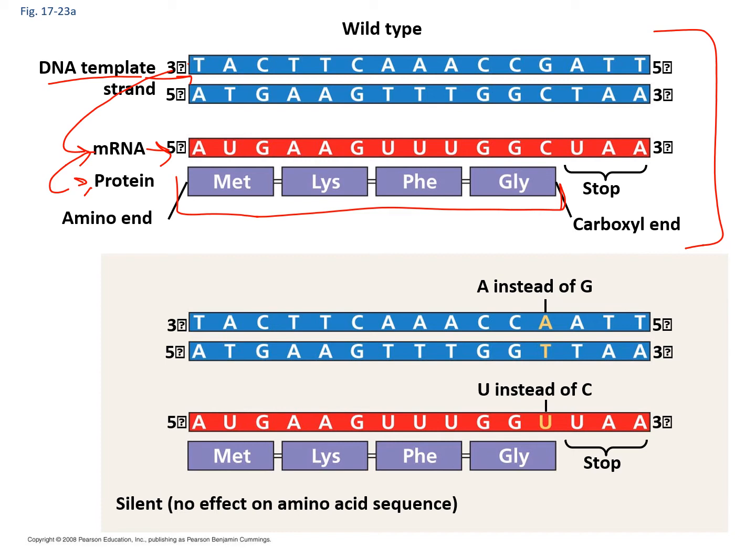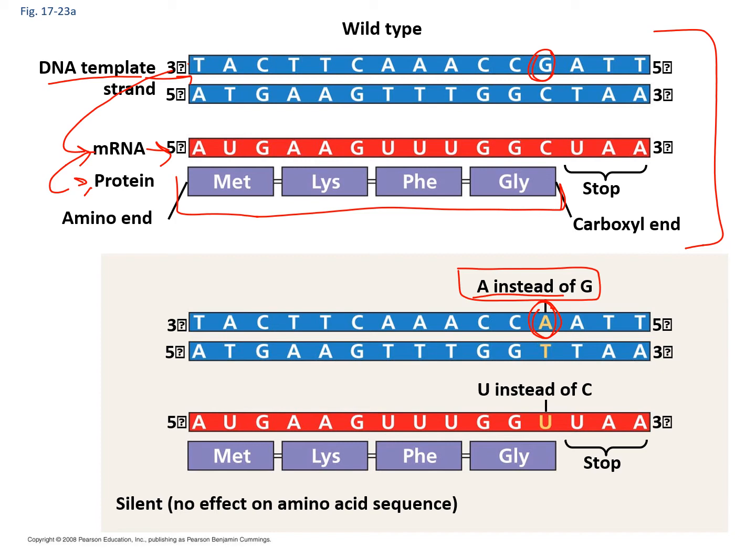So one example of a mutation is a base substitution. So this is where you're substituting one base for another. So the normal sequence was G at this location, and now an A has been substituted instead of the G. So that's the mutation. And base substitution, you have substituted one base for another.